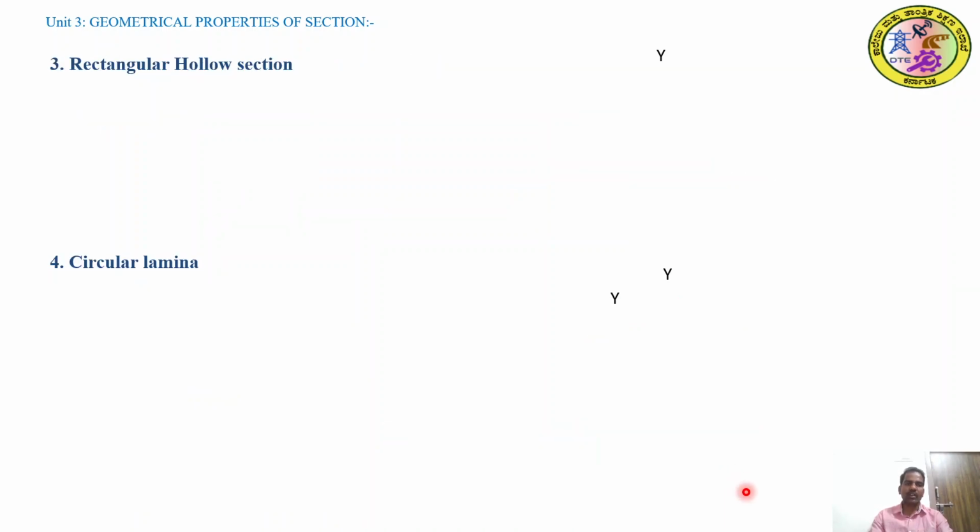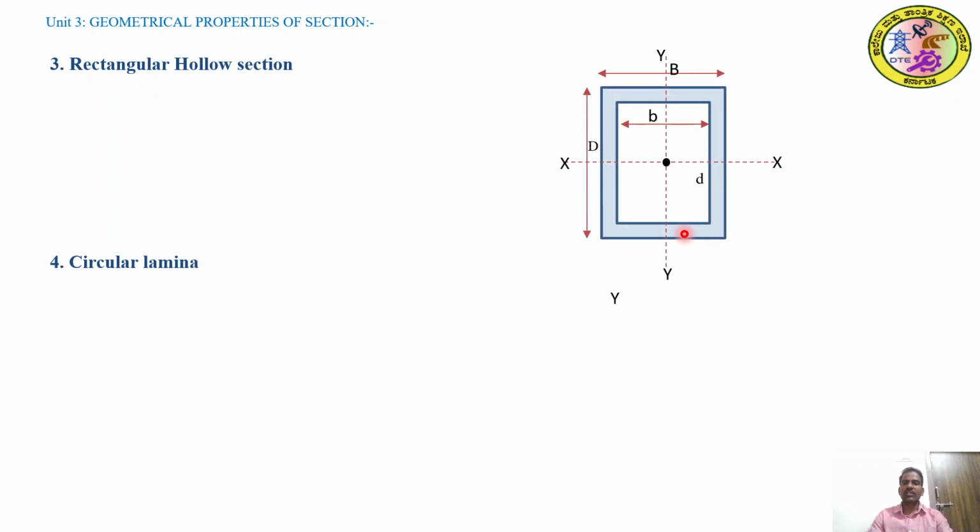Let's move on to the rectangular hollow section. In the given hollow section, the width of the exterior rectangle is capital B and the depth is capital D, and the interior section has width small b and the depth is small d. Here, the moment of inertia of the given section is nothing but B D cube by 12.